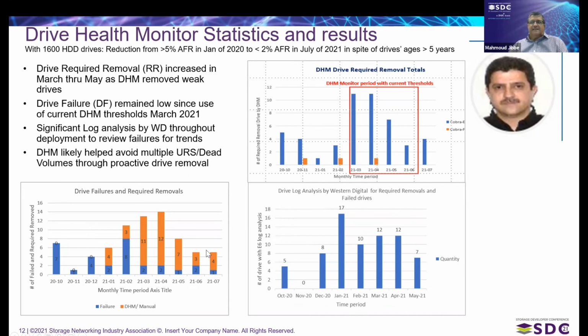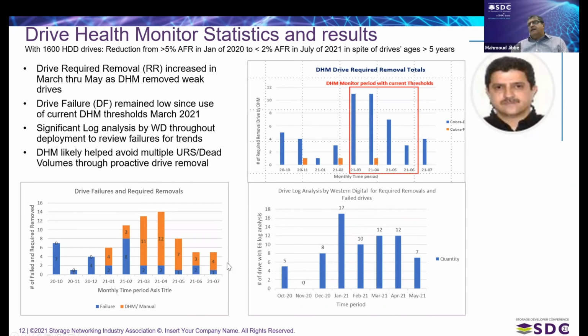Based on that analysis, there will be fewer drives for the drive vendor to analyze for us: 17, 10, 12, 12, and 7. Those are the total drives that the drive vendor analyzed for us. Some were drives that failed on their own, but the majority were drives required to be removed by the drive health monitor.